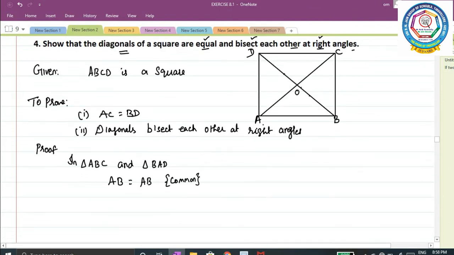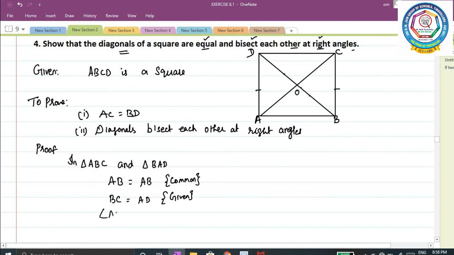Next one, it is given ABCD is a square. Therefore, all sides are equal, we know, in a square. Therefore, BC is equal to AD. Given. Next one, we know this one, in a square, each angle is 90 degrees.